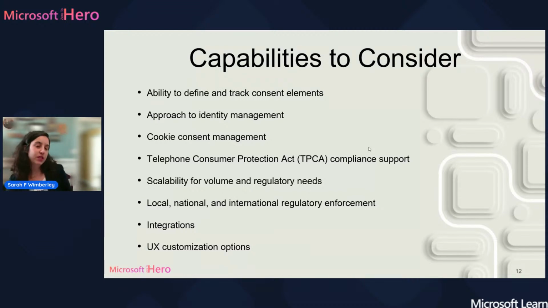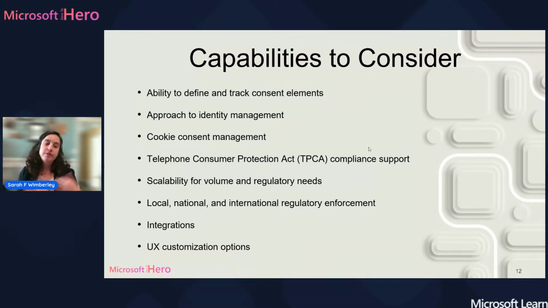Integrations and UX customization options are definitely more on the marketing front end perspective, but are no less important. Integrations can run the gamut between streamlining the data from a bidirectional perspective and sharing that from the vendor to your cloud or local warehouse or downstream systems and solutions.